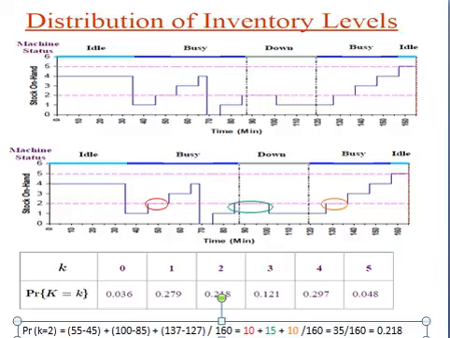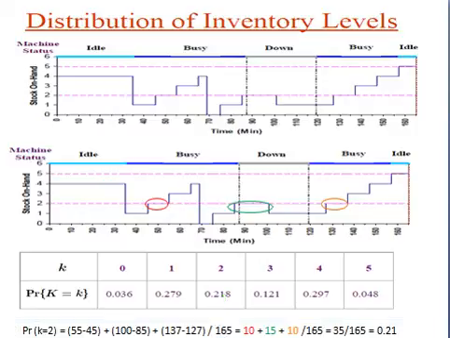So it's going to be 10 plus 15 plus 10, that's 35, divided by 165. So the answer is 0.21.